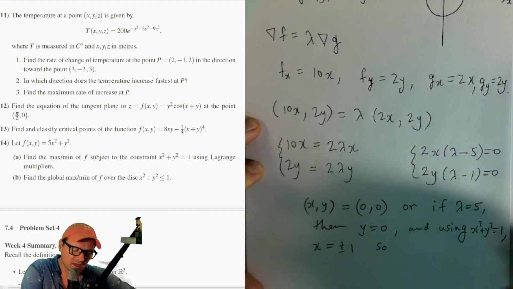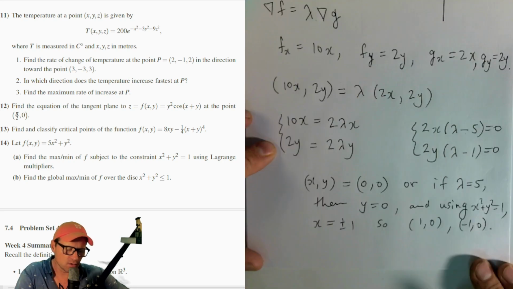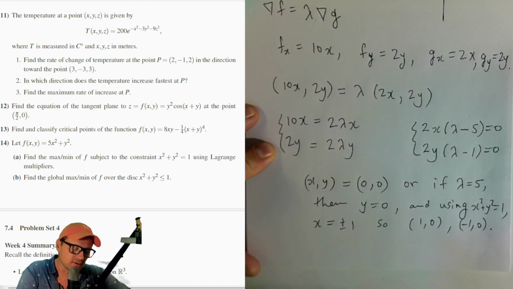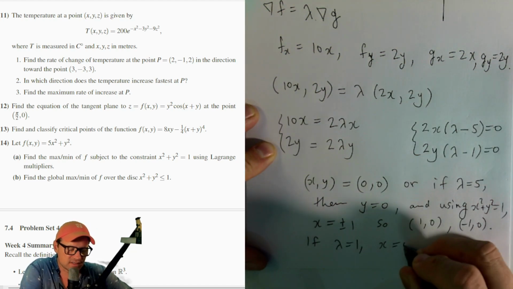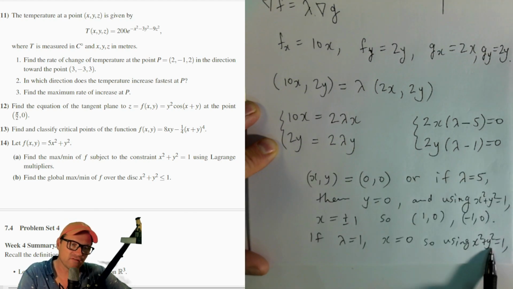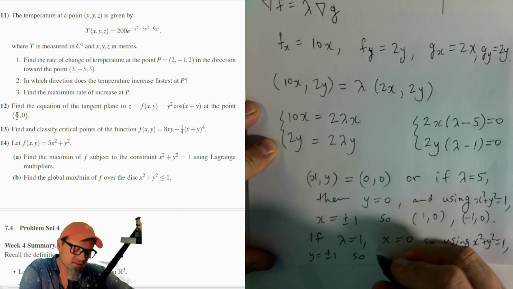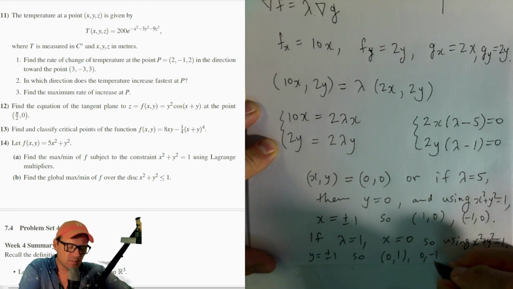So we have the points (1, 0) and (-1, 0). Now if lambda is equal to 1, the second equation gives 0, and so we would have to have x equal to 0. Using the constraint, y squared is 1, so y is plus or minus 1, which gives the two points (0, 1) and (0, -1).